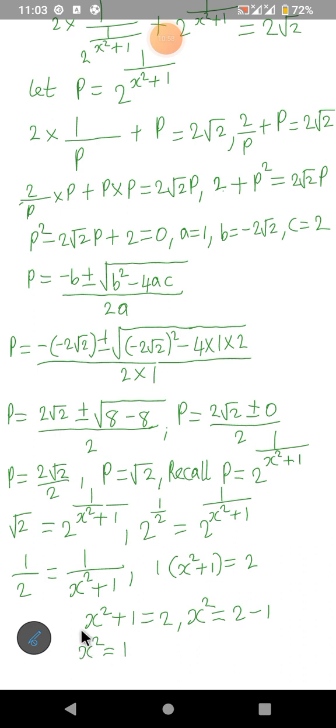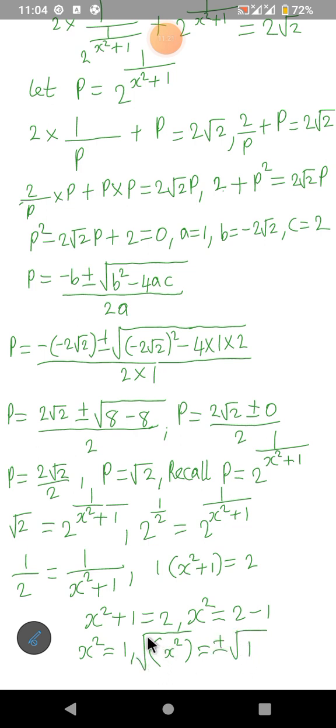Now I'm going to take the square root of both sides to eliminate this square here. So I'm going to write the square root of x squared, in a bracket. Then if I take the square root of this side, it's going to be plus or minus the square root of 1.